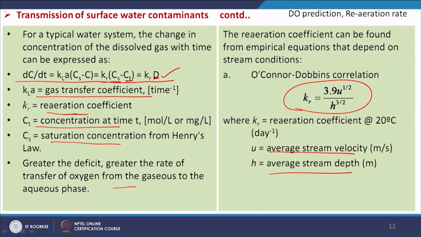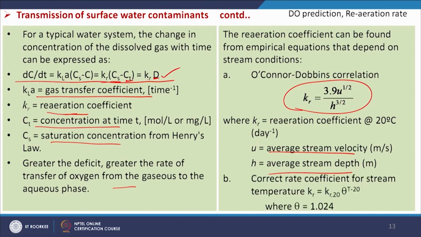Kr is equal to 3.9 u to the power half divided by h to the power 3/2. By that way we can calculate the value of Kr. Temperature may vary, so Kr correction is needed. Kr equals Kr20 into theta to the power (T minus 20), where Kr20 is the re-aeration constant at 20 degrees centigrade and theta is equal to 1.024.